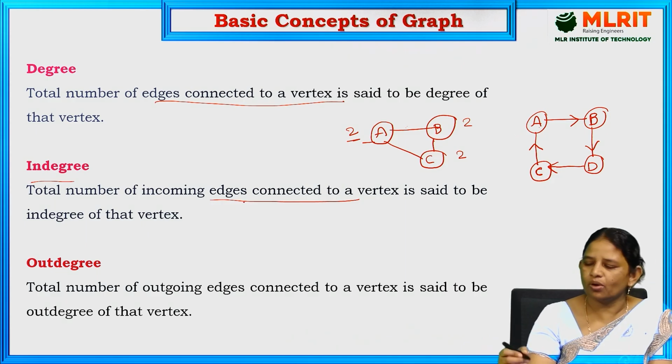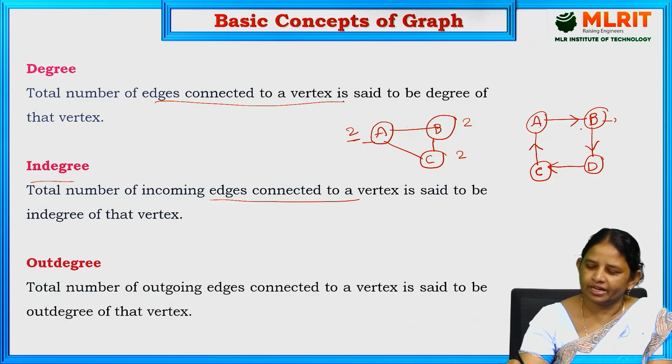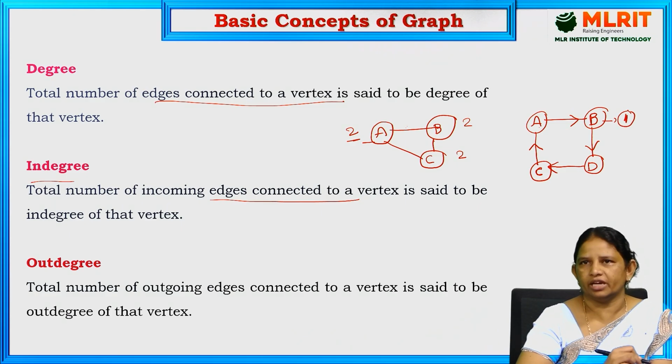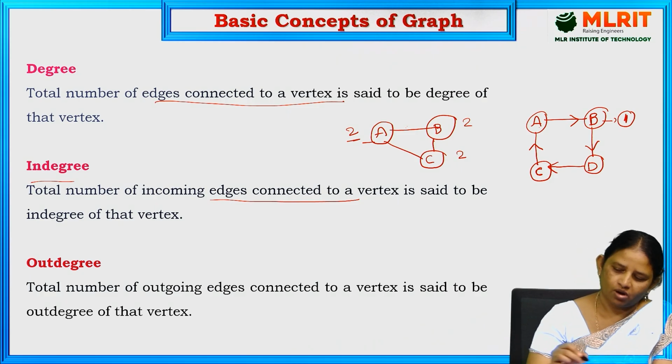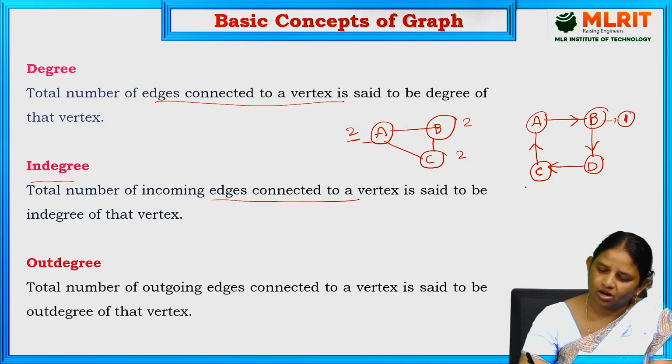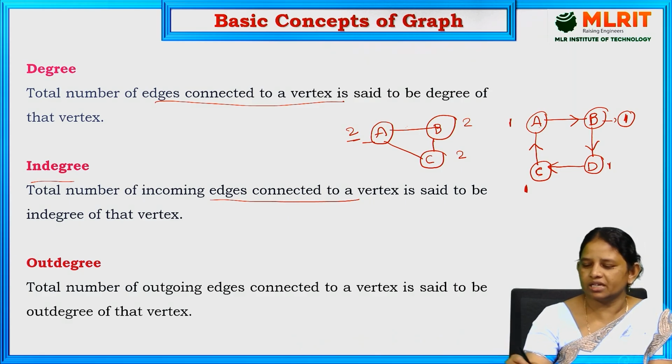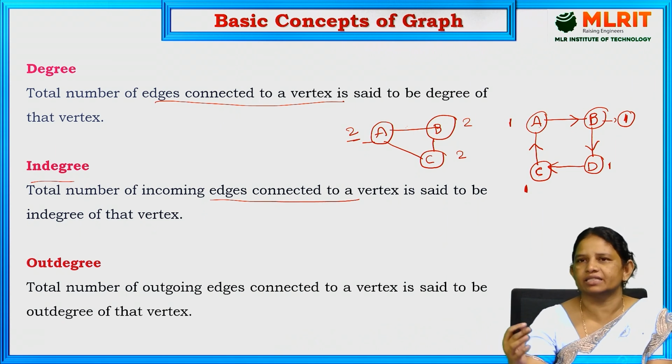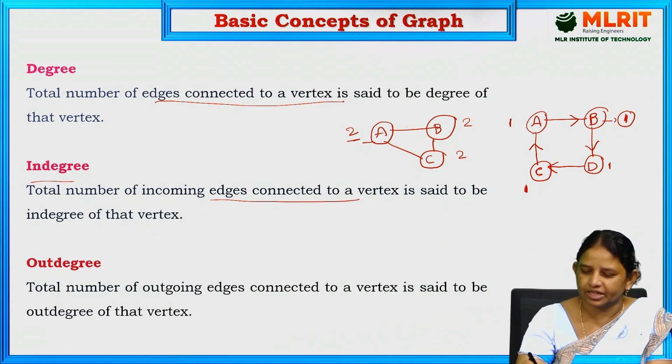There are no incoming edges for A. Coming to B, what are the incoming edges? Only from A, that is one incoming edge. So the in degree of B is 1. Next, the in degree of C is also 1, and D is 1. So what does in degree mean? The incoming edges for a particular vertex is said to be the in degree of that vertex.